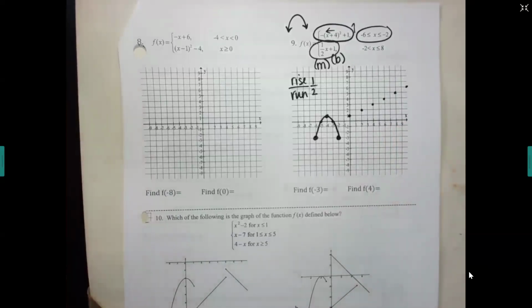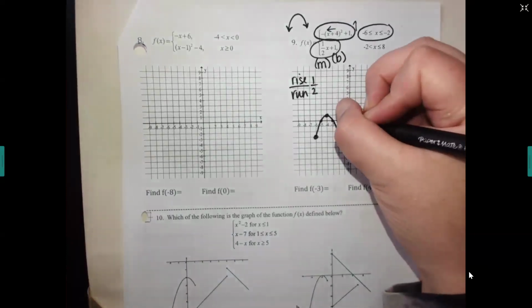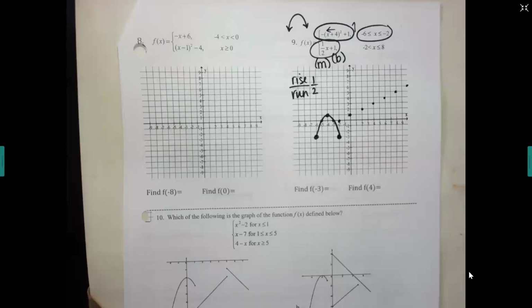Now, if I was about to connect the dots, and let's say I did exactly what I just put, I need to connect all the way back to -2. And notice that I didn't put a dot there. So make sure that you're careful. If you're going up and forward, you can also go down and backwards. So I'm going to have to add 1 more dot here to the left so that I have 1 to connect it with.